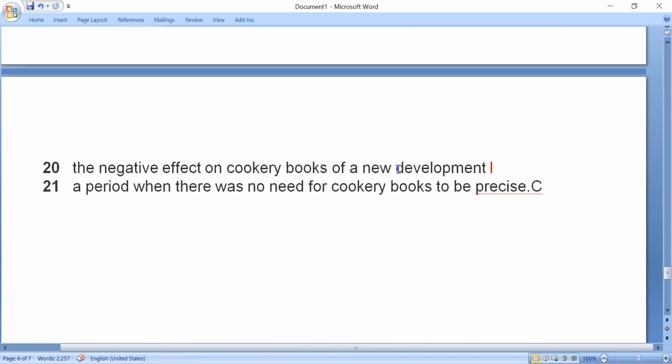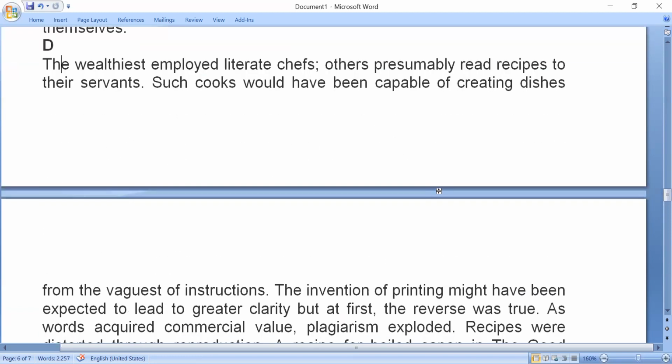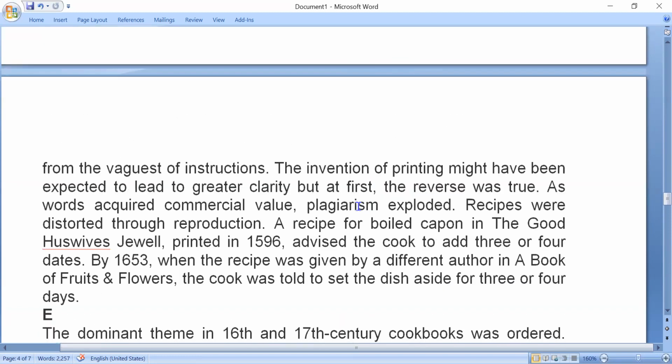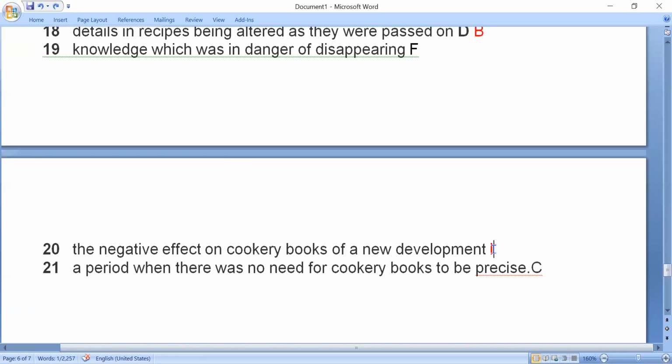Negative impact of cookery books of a new development. I think the new development is the introduction of plagiarism. Recipes were distorted through reproduction. Distorted. That means it could be D. Yes, that would be G. So let's look at the answers now.